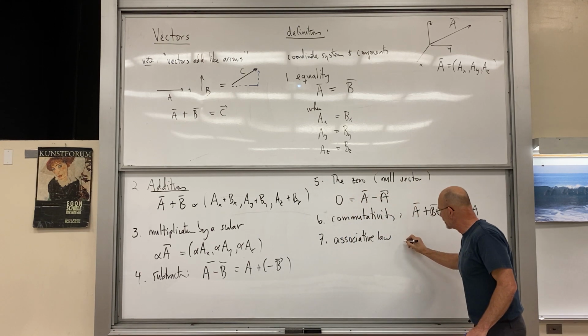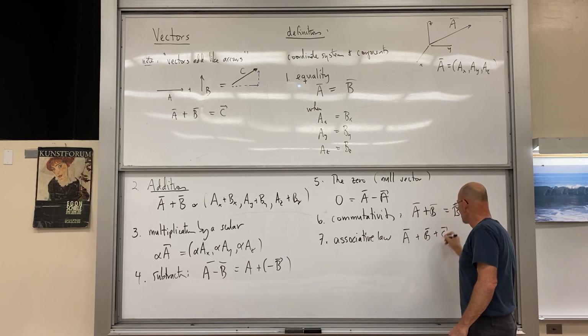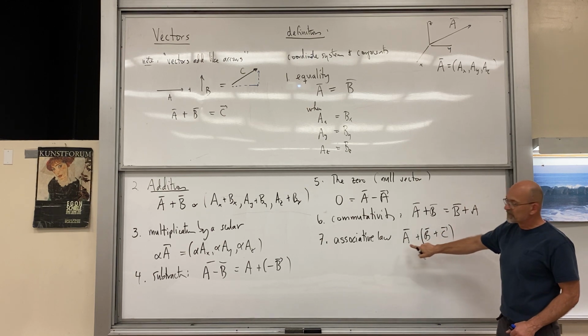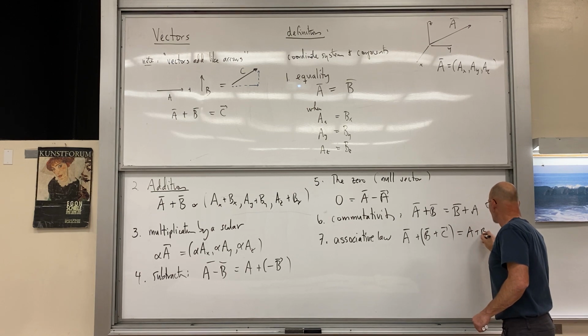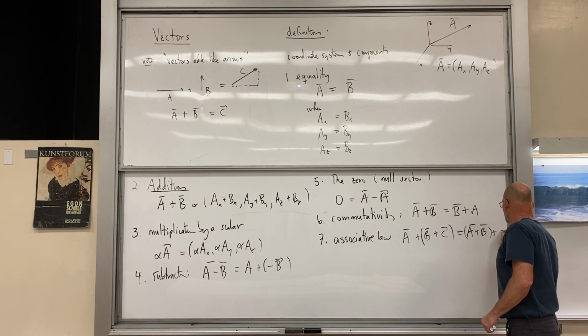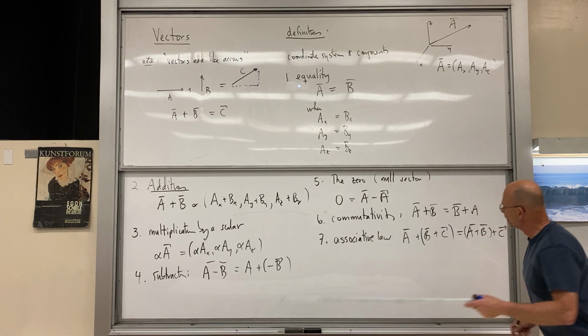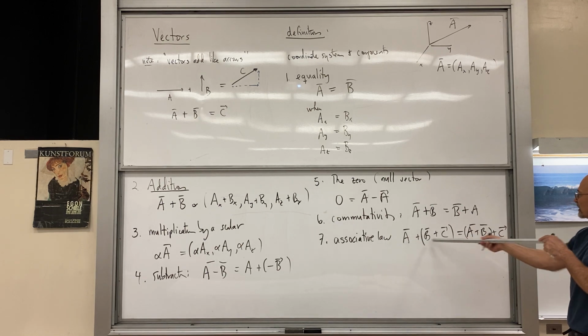Associative is when you take A plus B plus C and you add these two first and then add to A, and then that is A plus B plus C. So that order of addition doesn't matter either. So you can reverse them, commutative law, associative law.